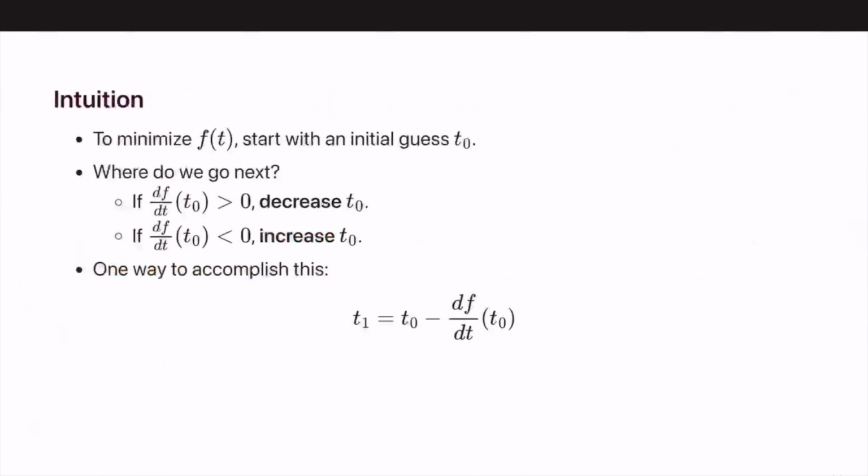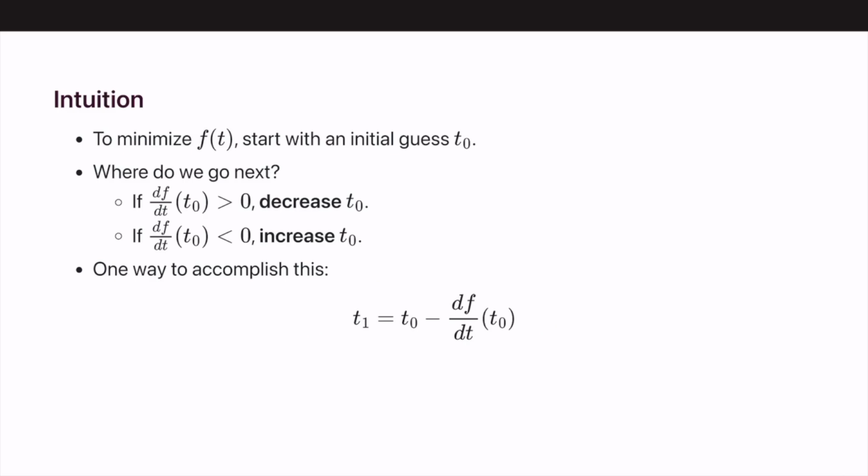Okay, so here's the intuition behind gradient descent. You want to pick some sort of initial state. We'll call that t naught, and that's where we think the minimum might be. It's a good educated initial guess. Then we take the derivative, and we have an update rule that tells us what to do, depending on what the derivative currently is.